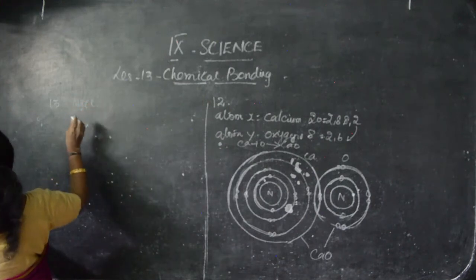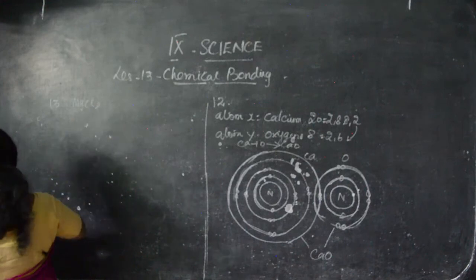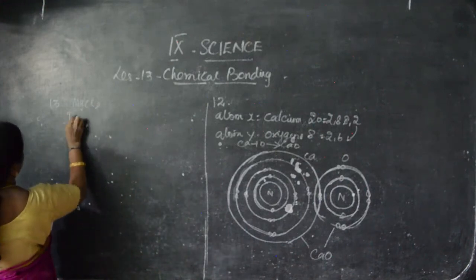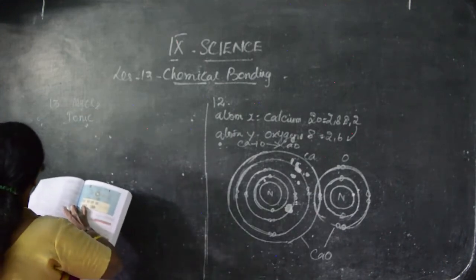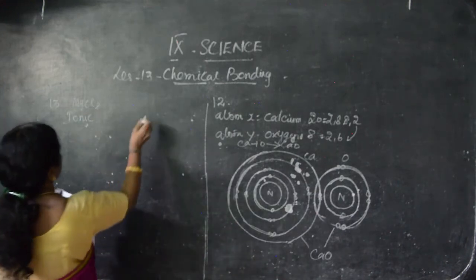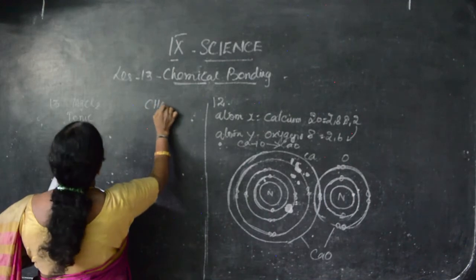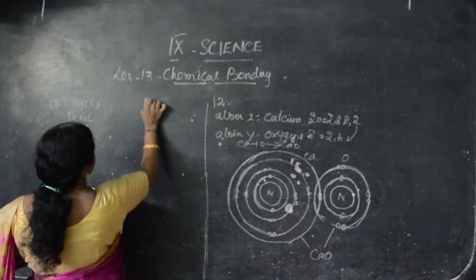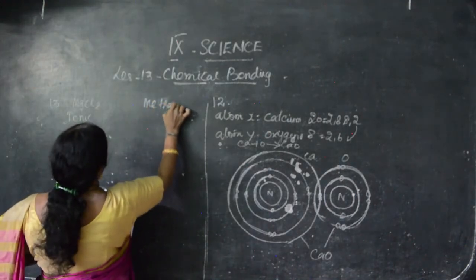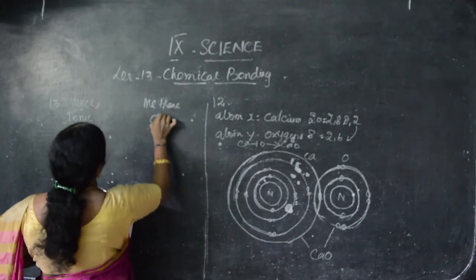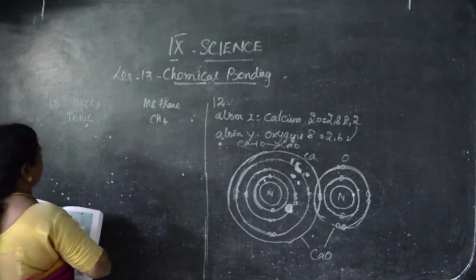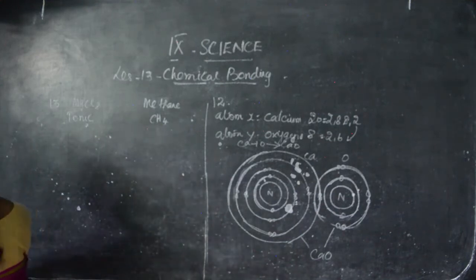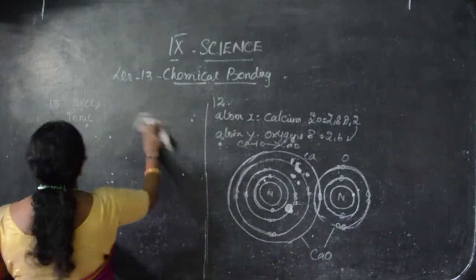Magnesium chloride. What compound it is? Ionic compound. And CH4, methane. This is covalent compound.